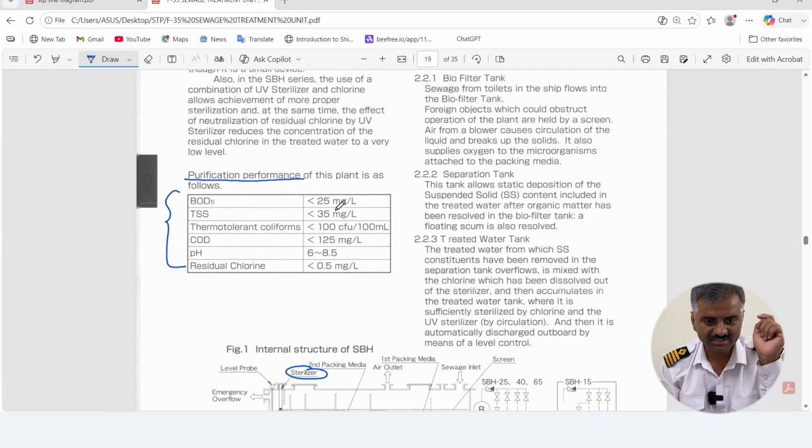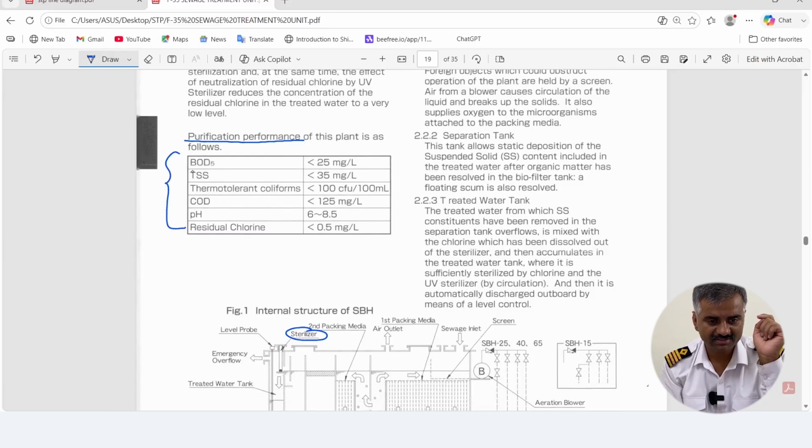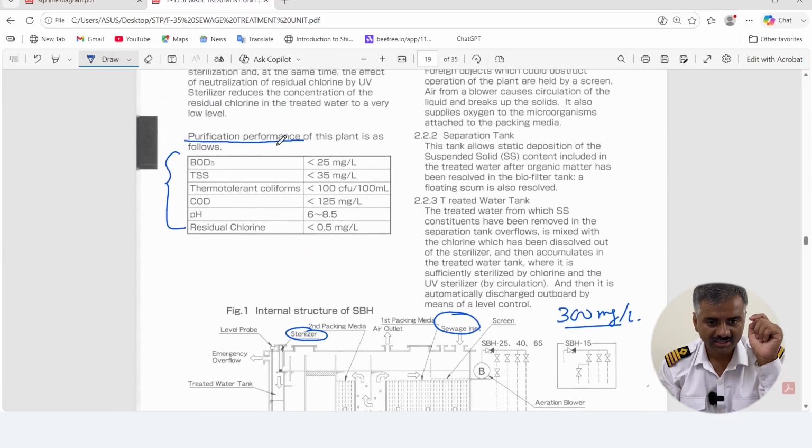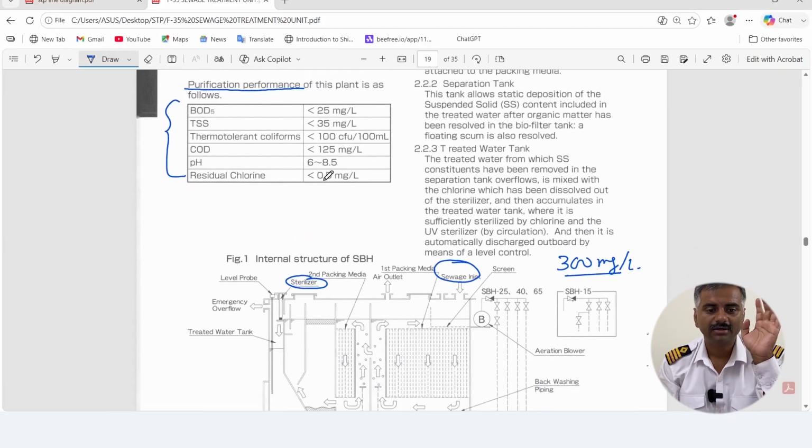This is BOD5, that is biochemical oxygen demand over a 5 day period. Suppose the sewage coming in has around 300 mg per liter of biochemical oxygen demand; it reduces to below 25 mg per liter. The point is that over a period of 5 days, BOD means biochemical oxygen demand.